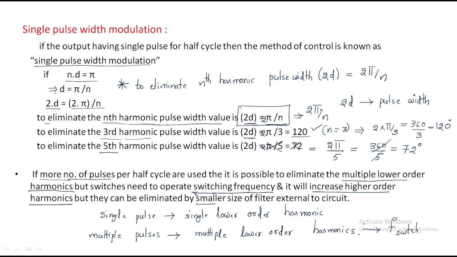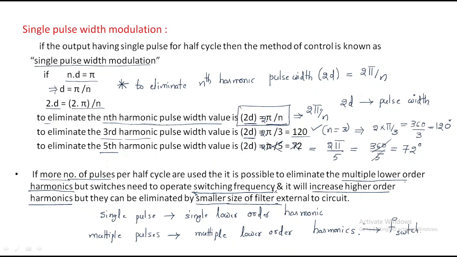Lower order harmonics are very dangerous and dominate in the circuit, whereas the higher order harmonics can be removed using a smaller size of filter.